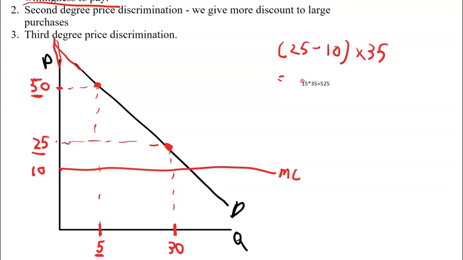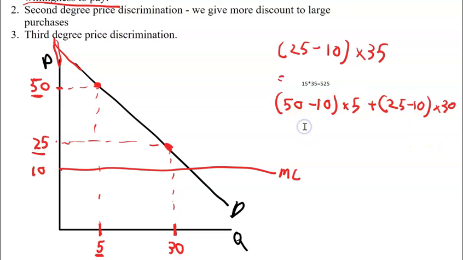But if I charge the first 5 units at 50, and the other ones who are buying 30 units, I'm charging them at 25, then I can get 50 minus 10 for the first 5 individuals, plus 25 minus 10 for the other 30 individuals.